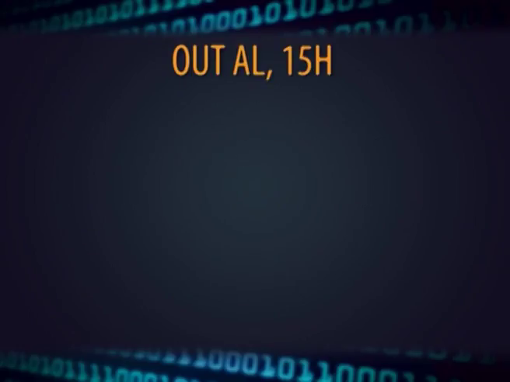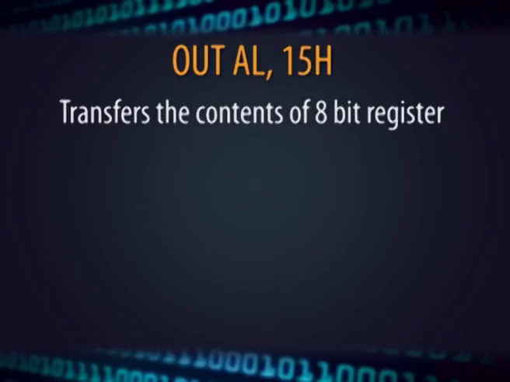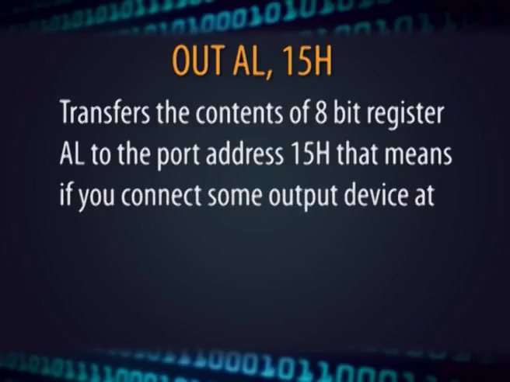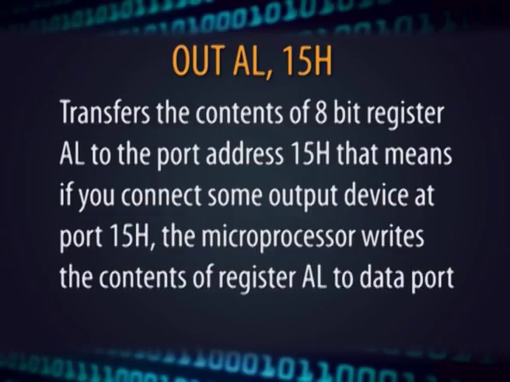Similarly, the instruction OUT 15H, AL transfers the contents of 8-bit register AL to the port address 15H. That means, if you have connected some output device at port number 15, the microprocessor writes the data to port number 15 through the contents of register AL.